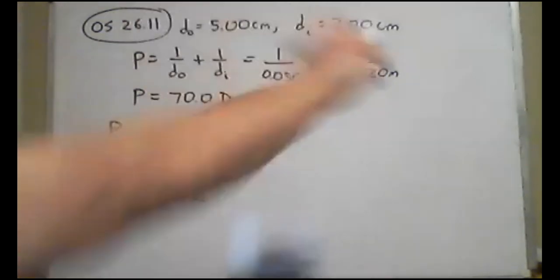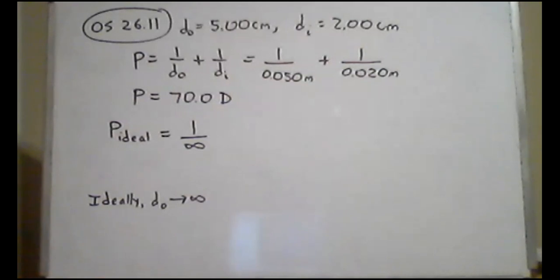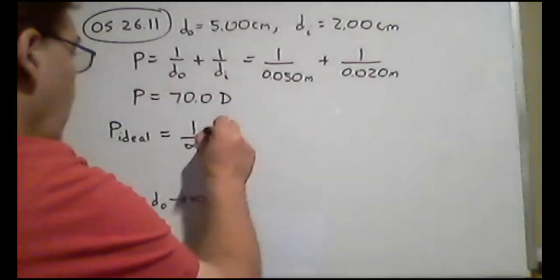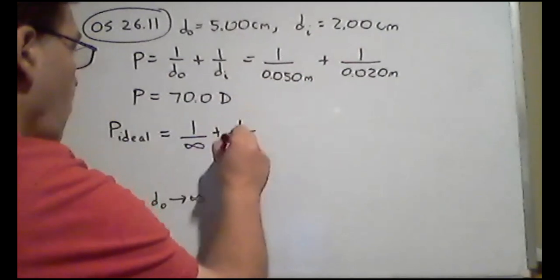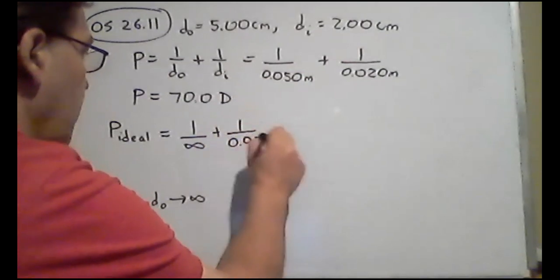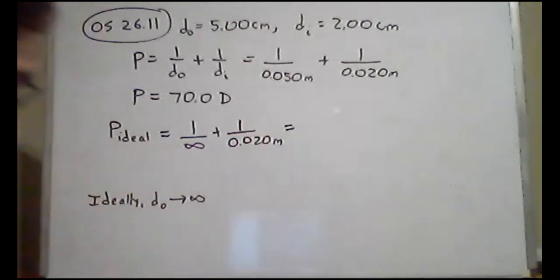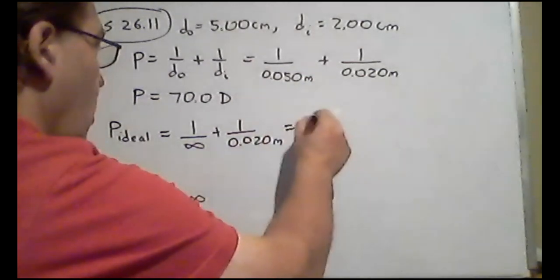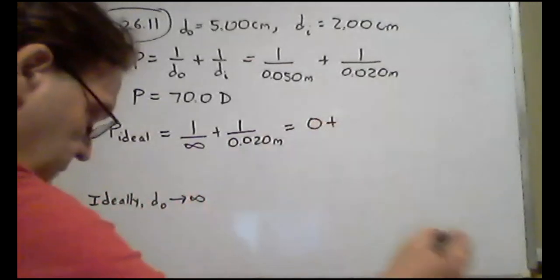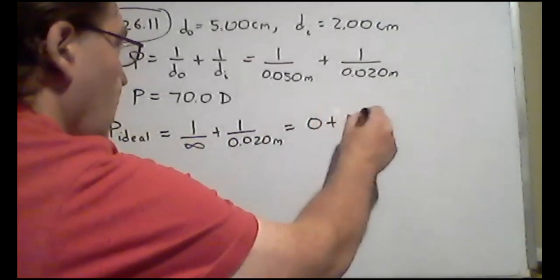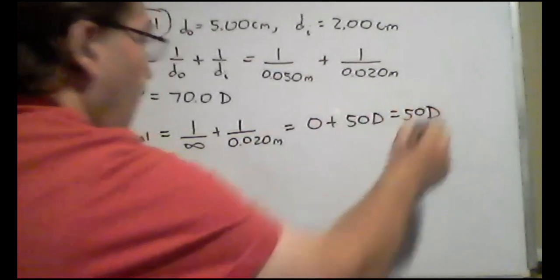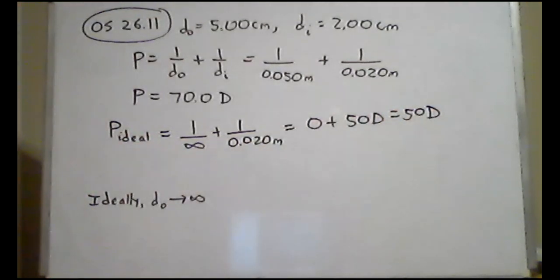I should be able to see all the way out to the vanishing point, right? So I should be able to put D sub O to infinity right here. I'll still have 1 over 0.020 meters. And so for normal distant vision, I would have 0 plus 50 diopters, and 1 over infinity is 0, 50 diopters. That should be what the normal vision is.